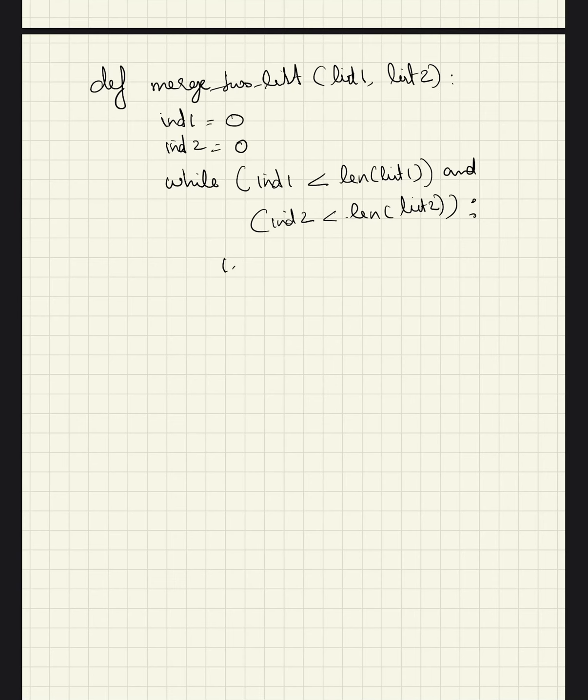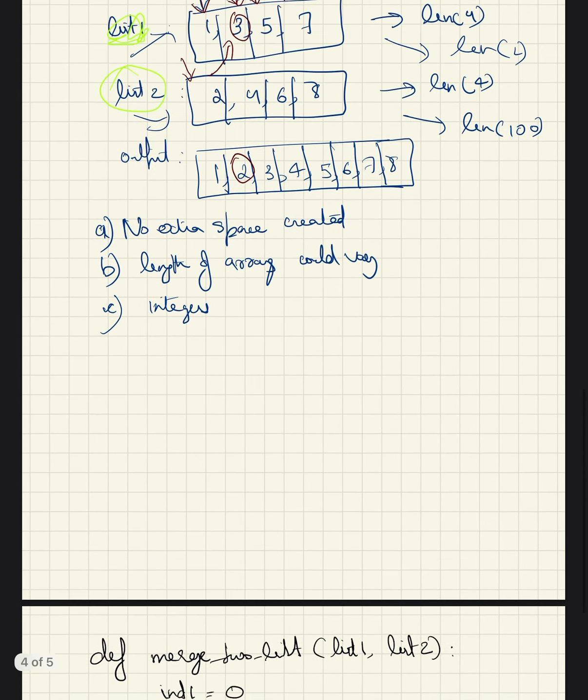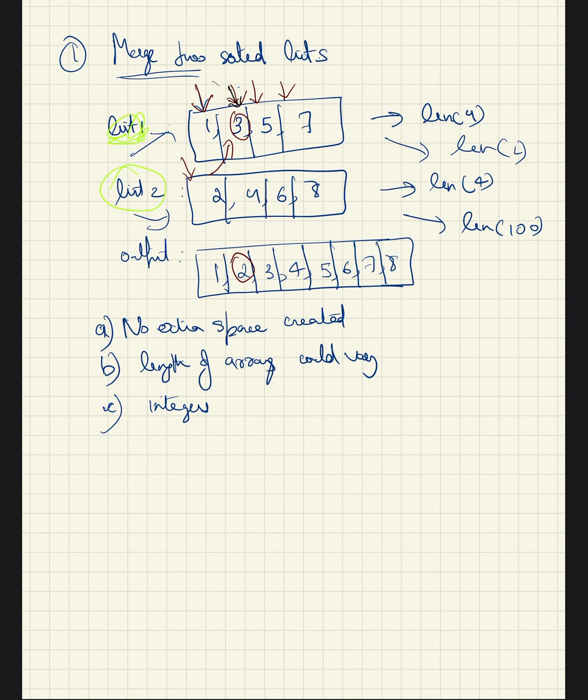I will have my if condition where I will check if list1 of index 1 is greater than list2 of index 2, right? If it is greater, just like the case that we had here, 3 is greater than 2, then what we are doing is we are putting 2 in the place of the index pointing to the list 1, right?